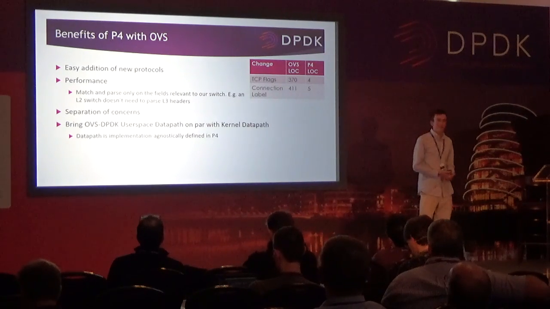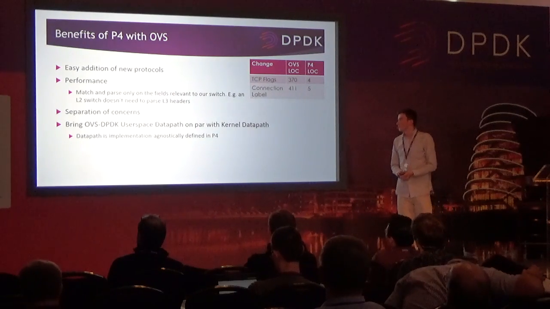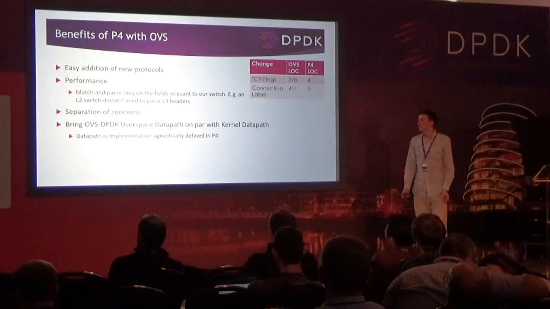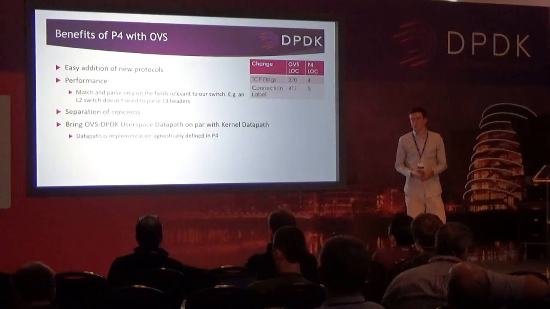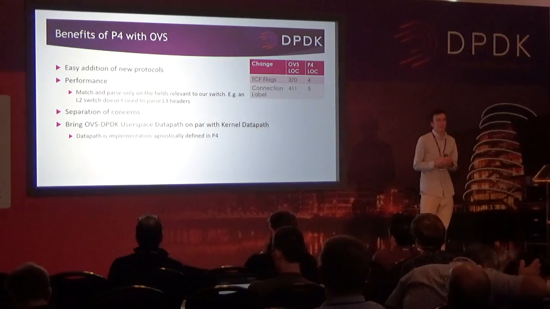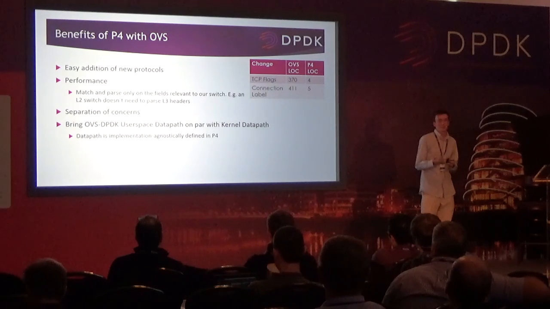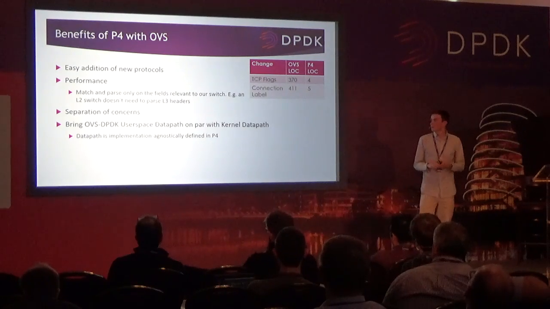So another benefit of using a P4-defined data path would be performance. And I think a good example that illustrates this is a layer 2 switch. So you can operate OVS as a layer 2 switch. And in doing so, you don't care about any of the higher level protocols. So you don't care about layer 3 or layer 4 protocols. You're only concerned with parsing and processing the layer 2 protocol.